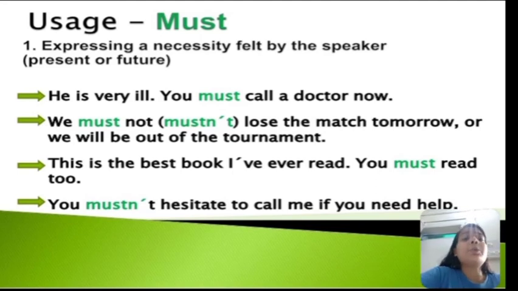This is the best book I ever read. You must read it too. You must not hesitate to call me if you need help. So in all these examples, must is used to express a necessity felt by the speaker.